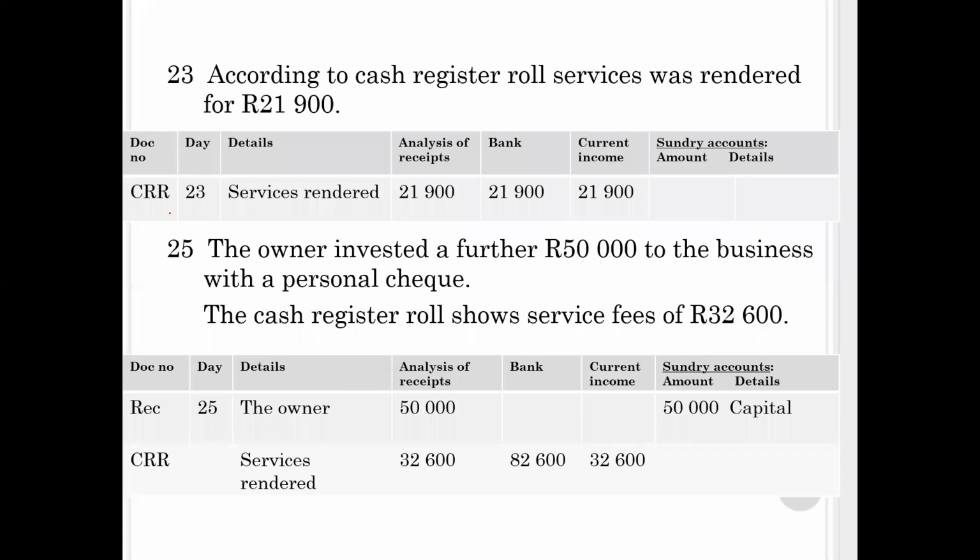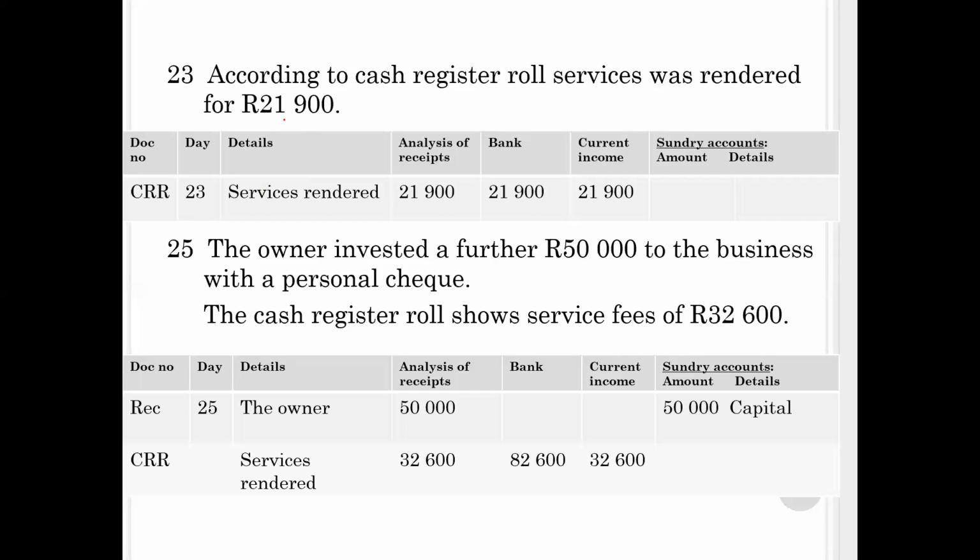So how are we going to enter it into the CRJ? On the 23rd, your source document is the cash register roll, CRR. I didn't mention a number because it wasn't in the transaction, but if they have given you a number with the previous transaction, then you can just continue with the next number. Then there is no name of a person, so with details, you're going to write services rendered.